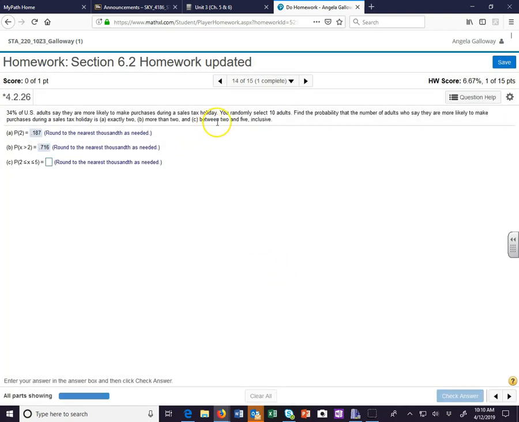All right, the next one says between 2 and 5 inclusive. You could do that a few ways. If you're going to do it on the calculator, 2 and 5 inclusive would be 2, 3, 4, or 5, right? So you could do the PDF for all 4 of those and add them up.